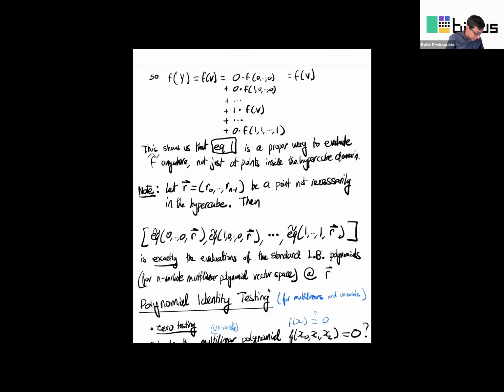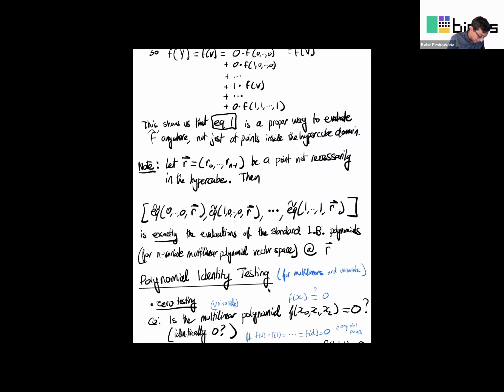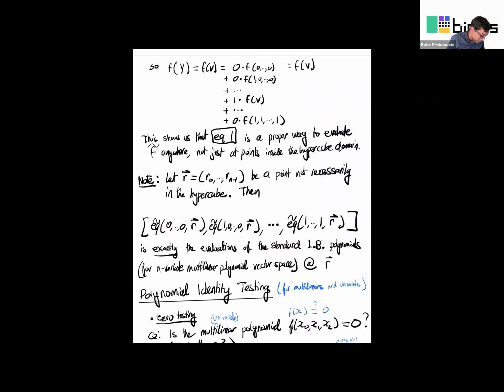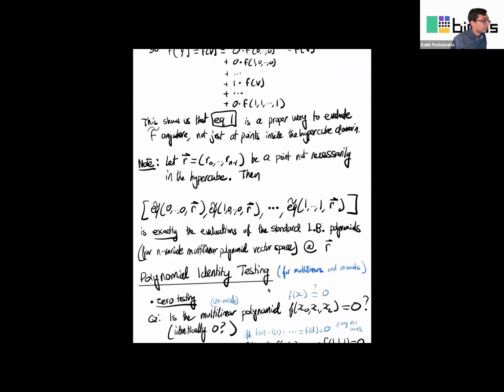What we can do is evaluate our Lagrange basis at that point, and then dot product it with the Lagrange basis coefficients, and we're able to evaluate the multilinear polynomial at that point. And that happens to be a multilinear polynomial that agreed with the function's input-outputs, where the inputs were over the Boolean hypercube.